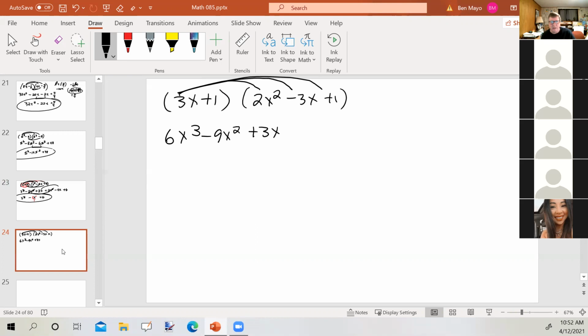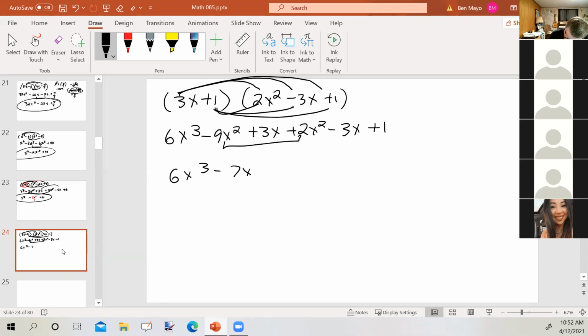So I've taken the 3x times everything in the second polynomial now, plus 1 times 2x squared, plus 1 times minus 3x is minus 3x, and plus 1 times plus 1 is plus 1. Combining like terms, 6x cubed minus 7x squared, those cancel, then plus 1. Okay.